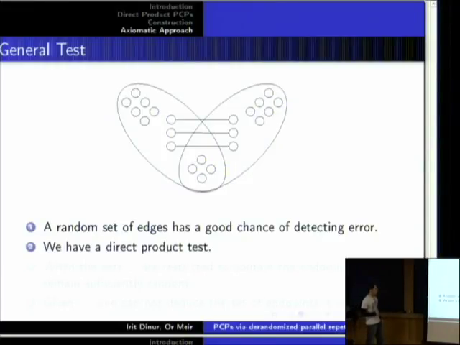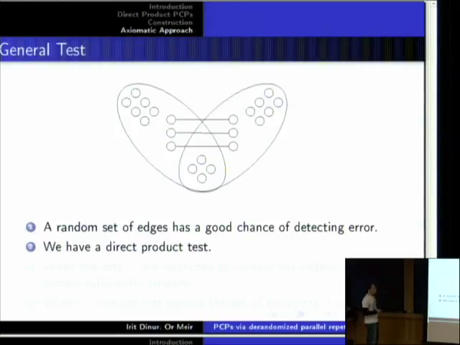Then we need a direct product test that works with this distribution on intersection sets and on large sets, even without the edges. This is also needed for our approach, because we wish to base ourselves on the direct product test.